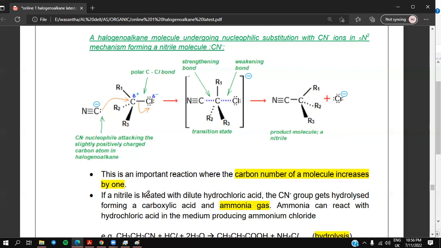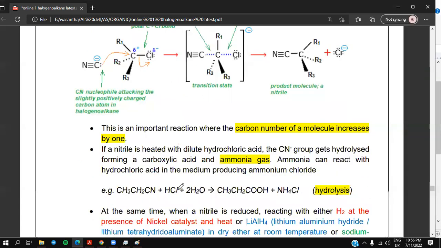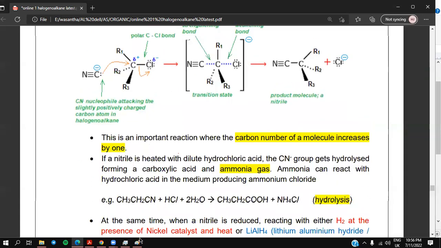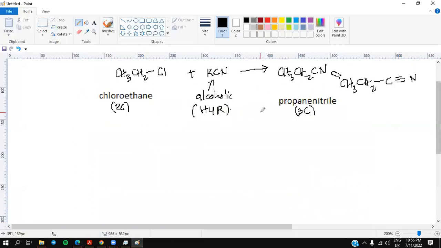There's one more reaction. See, this is CH3, CH2, CH2, CN, C triple bond N. This compound can be reacted with an acid. You add an acid and heat it.